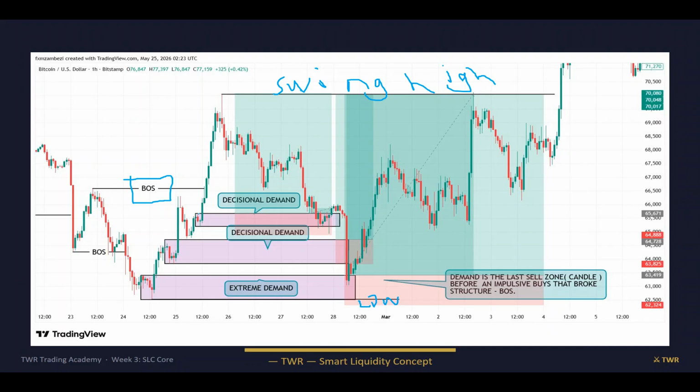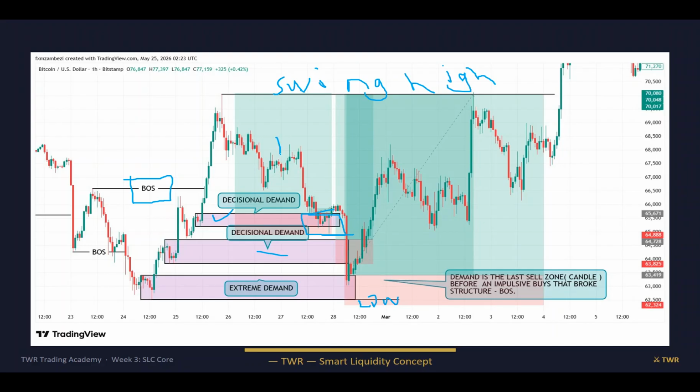We say that order block is the last sell, the last opposing candle before the impulsive buy that caused the break of structure. So price pulled back to this demand zone. Any person who was looking to buy from this point, their stop loss was hit.